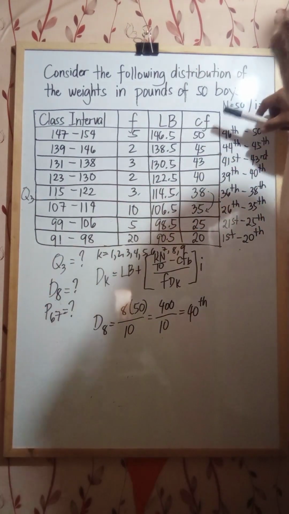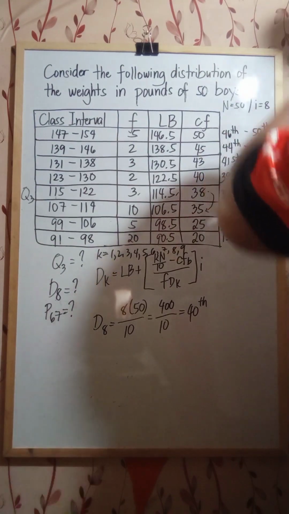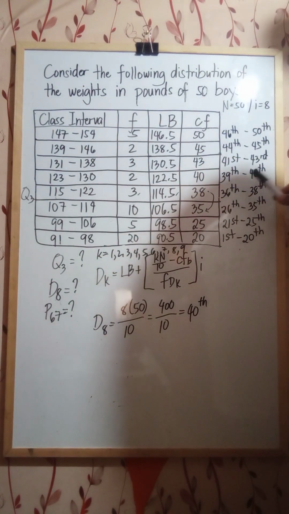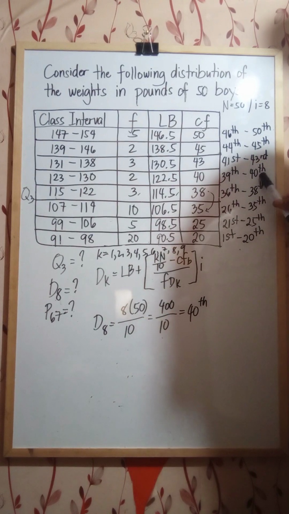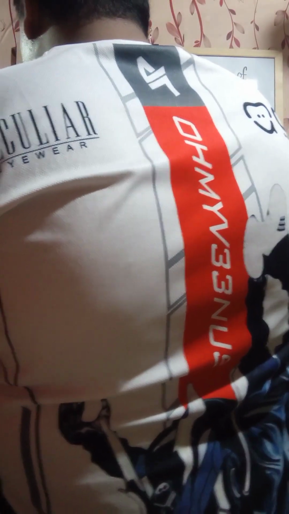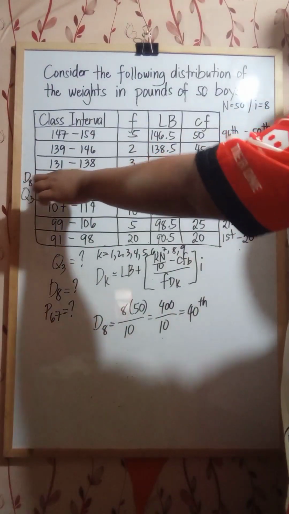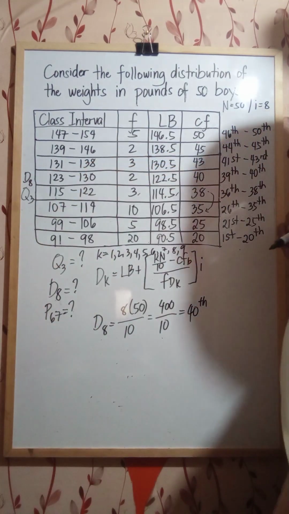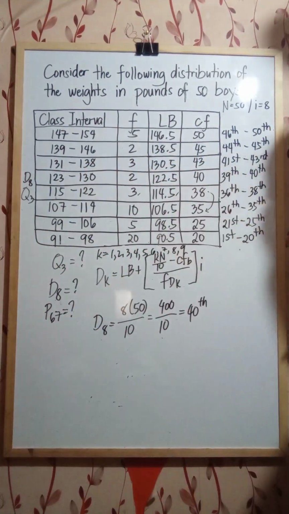So, using the cumulative frequency, it is in the 39th to 40th place. So, that is where your D sub 8 is located. Your D sub 8 is in the class interval 123 to 130.